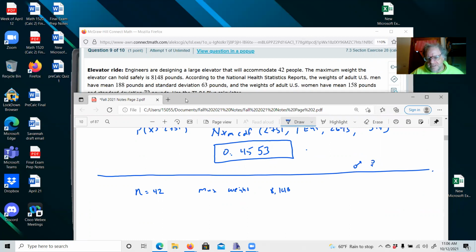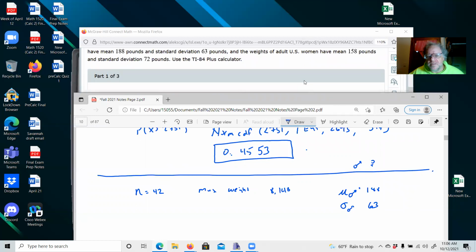I think it is. All right. So we have mu of 188, and the standard deviation is 63. And for adult U.S. women, we have 158 and a standard deviation of 72.